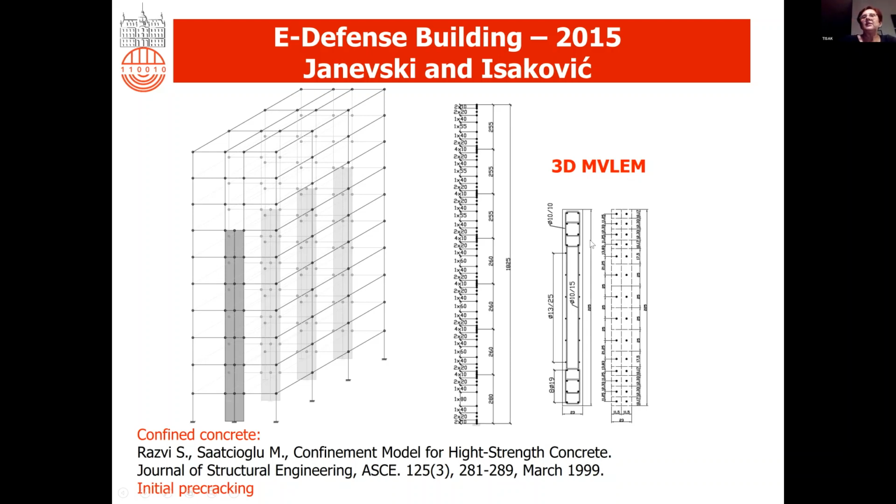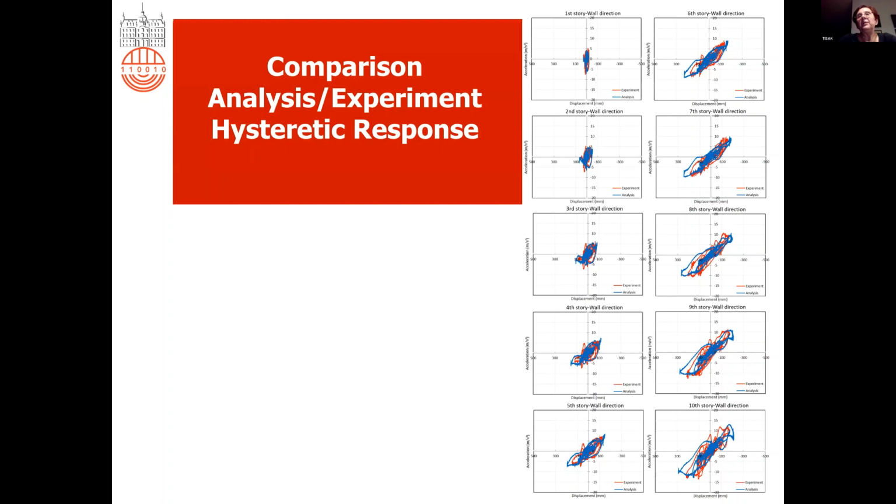What is interesting here is that because we have a rectangular cross-section, to use the 3D model we had to divide this cross-section not only in one direction but also in another, into 2 segments. And we obtained quite good results.